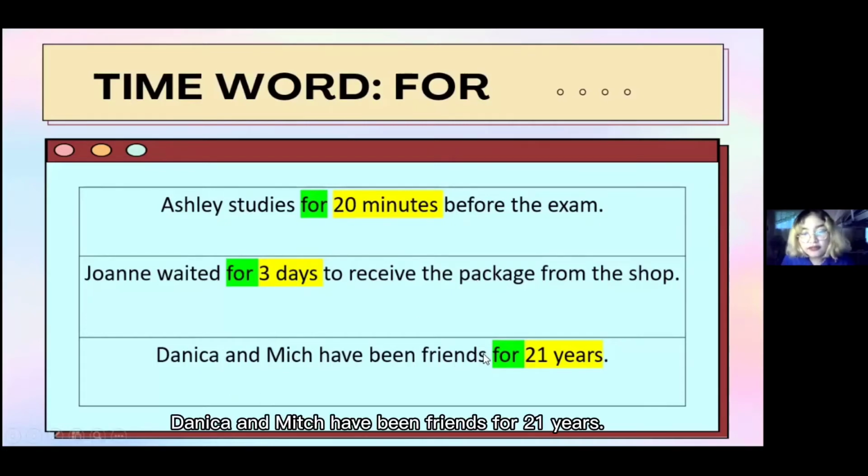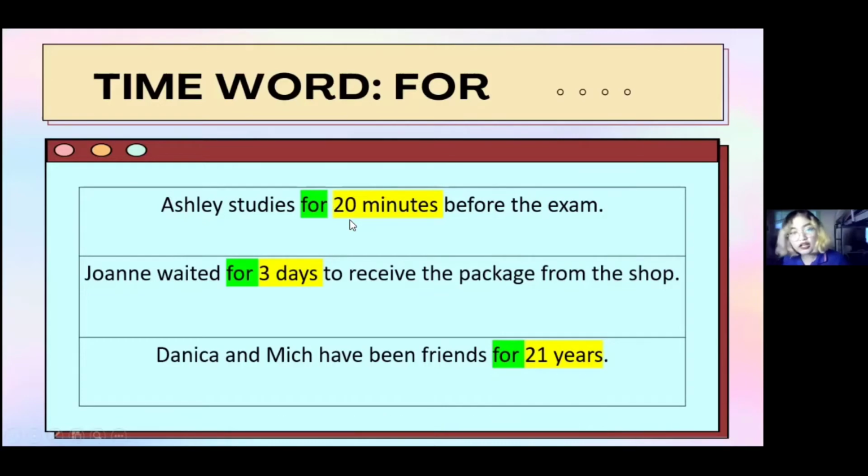Danica and Mitch have been friends for 21 years. So for 20 minutes, for 3 days, and for 21 years indicate the duration of time, how long Ashley studies before the exam, how long Joanne waited for 3 days, or how long they've known each other.